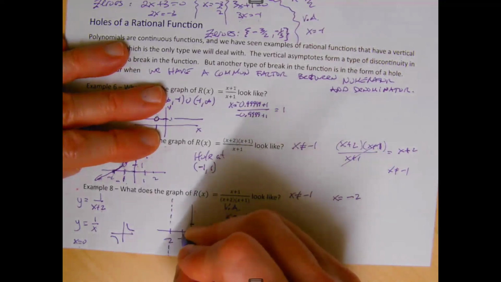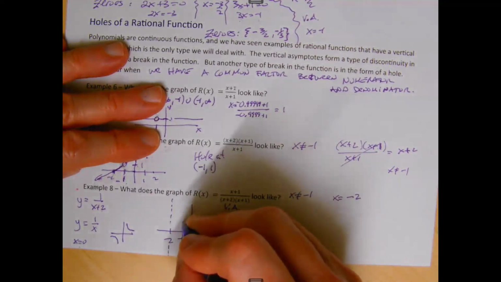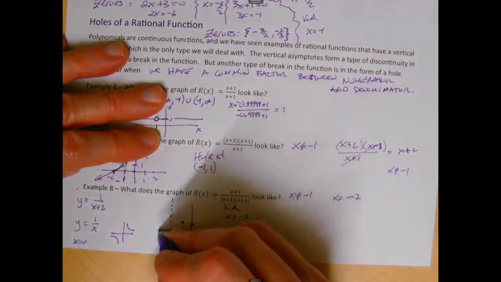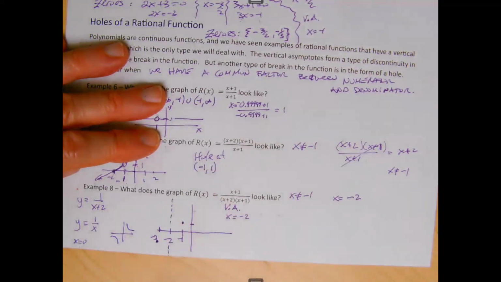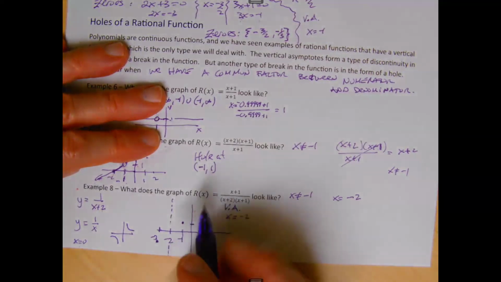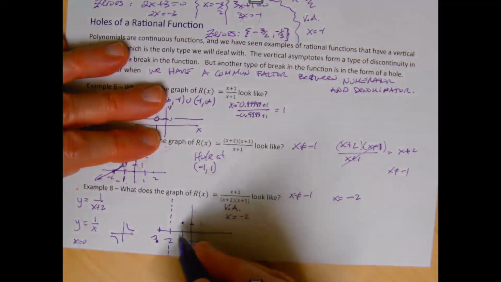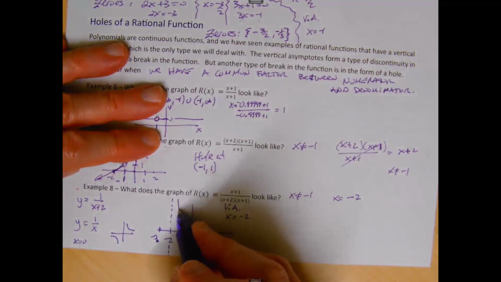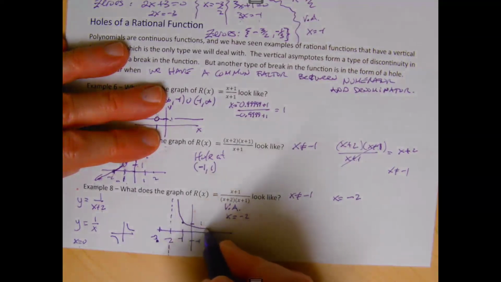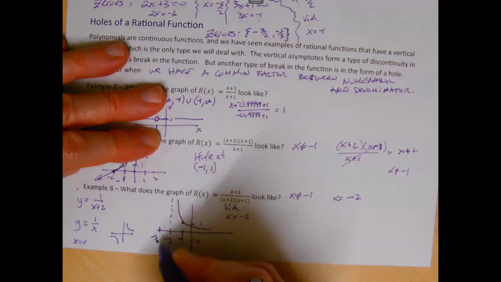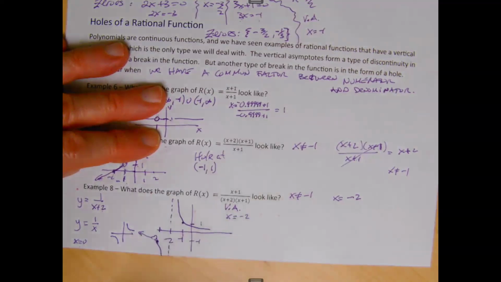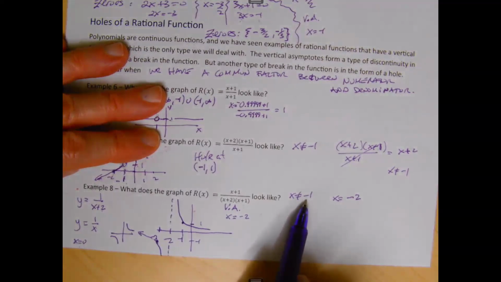So for example, if I go 1 to the right, 1 up, this picture, and just like before, 1 to the left and down 1, you get that position right there. Okay, so 1, 1, and -1, -1. So the graph of this looks like this, except there is now a hole, and it happens when x becomes -1.